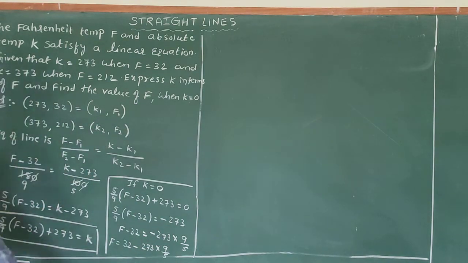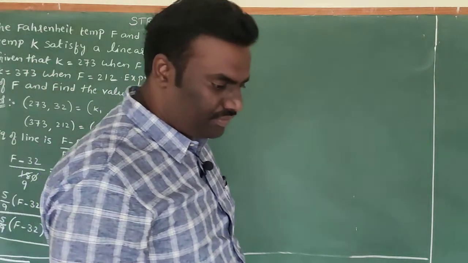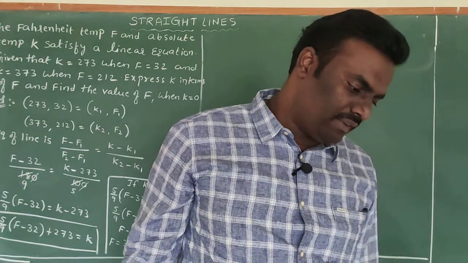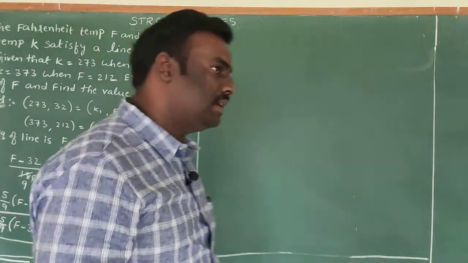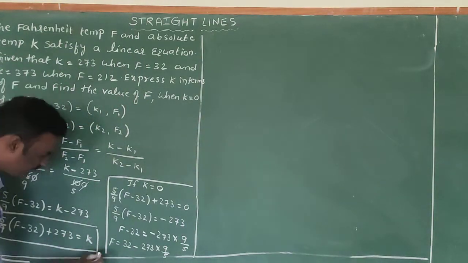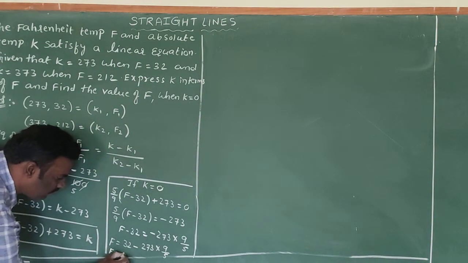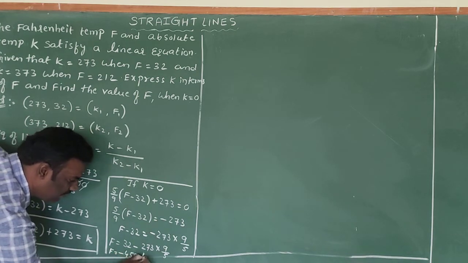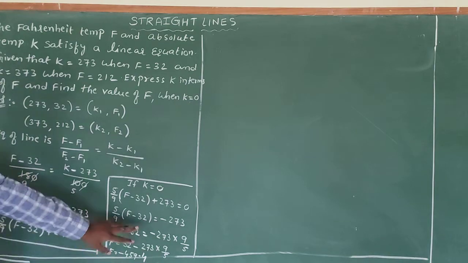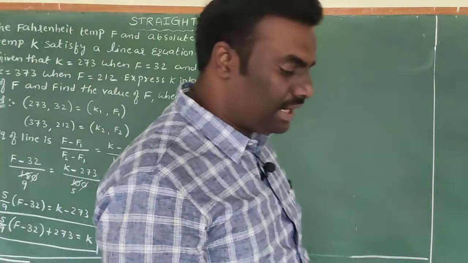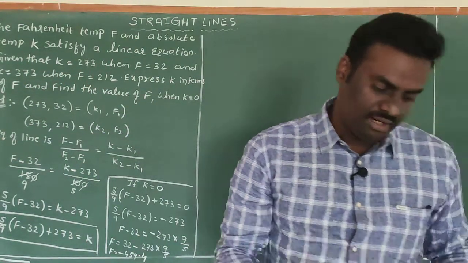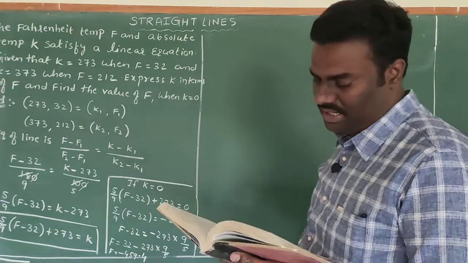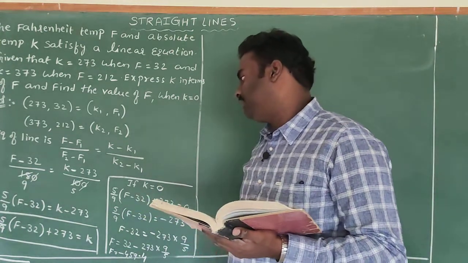So this is the value of F. If you simplify, you will get minus 459.4, which is the correct answer.